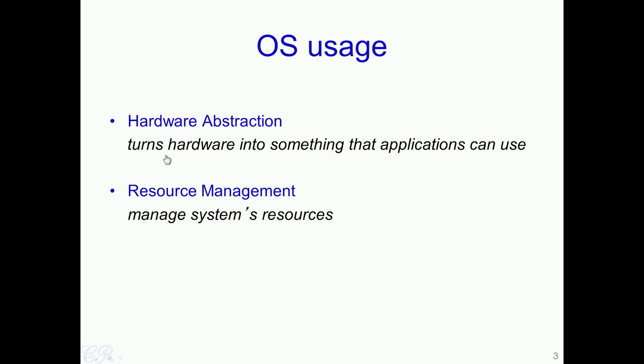The hardware abstraction is used to turn the hardware into something that software applications can utilize easily, while resource management is required because of the limited resources present in the computer. We will look at these two uses of the operating system in more detail.